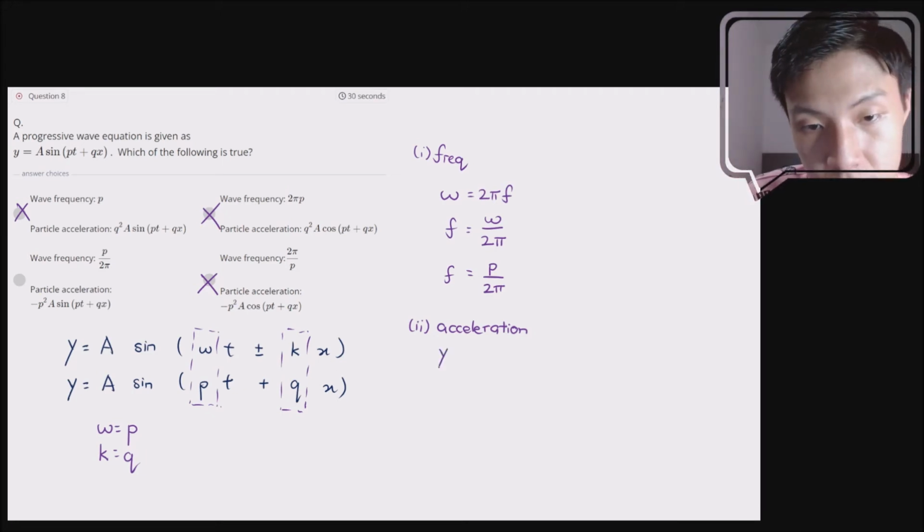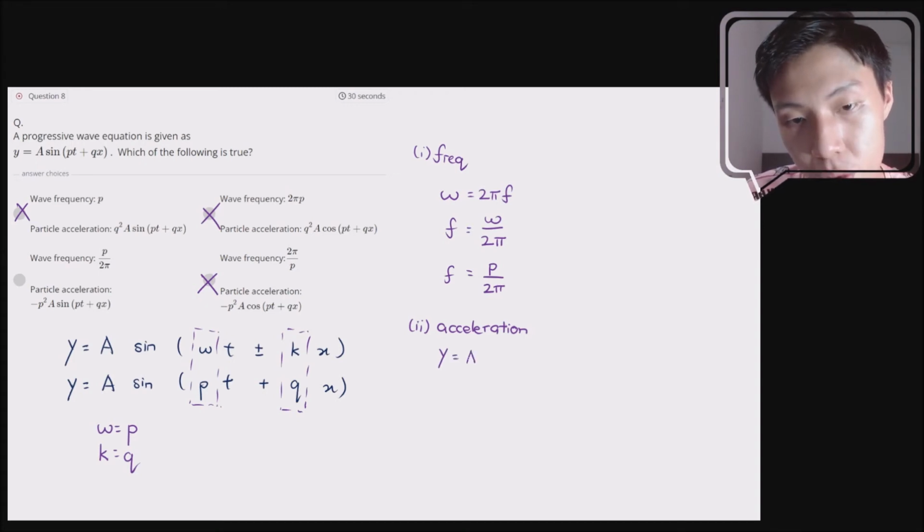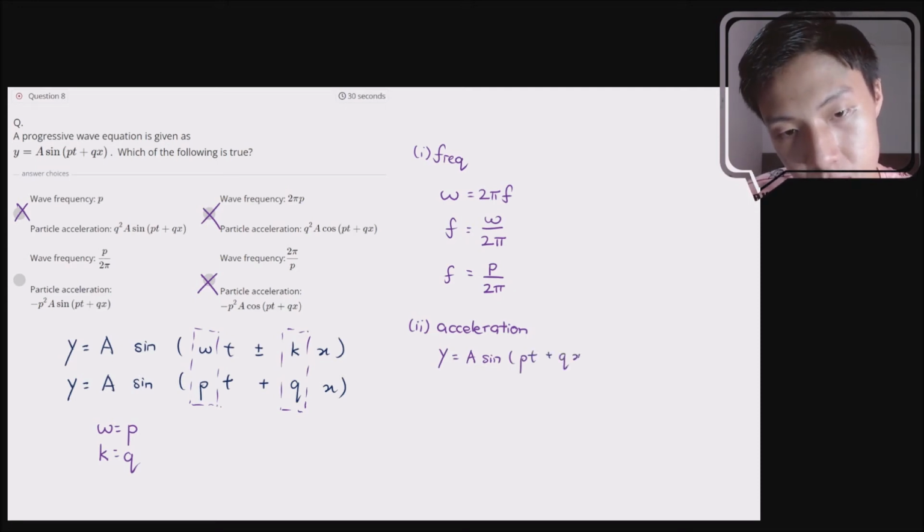So we know that the displacement equation is y equals A sine(pt plus qx). If you differentiate it, Vy will be equal to dy over dt.